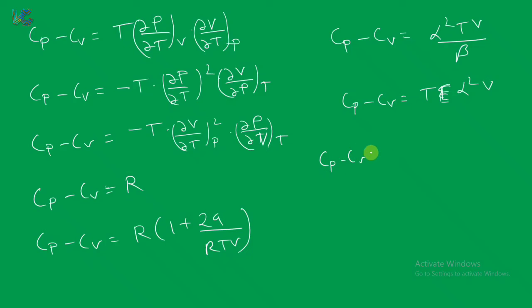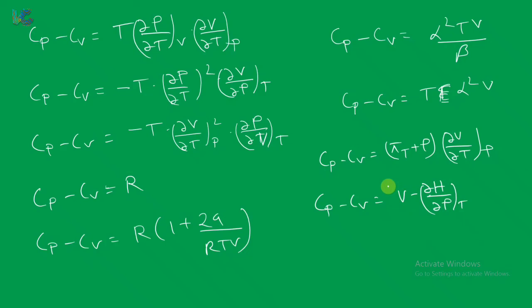One is, in terms of internal pressure, Cp minus Cv is equal to pi T plus P into del V del T at constant P. With the second thermodynamic equation of state, Cp minus Cv is equal to V minus del H del P at constant T, in bracket, into del P del T at constant V.